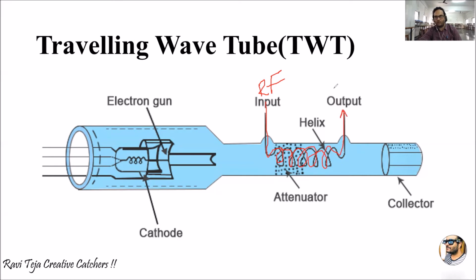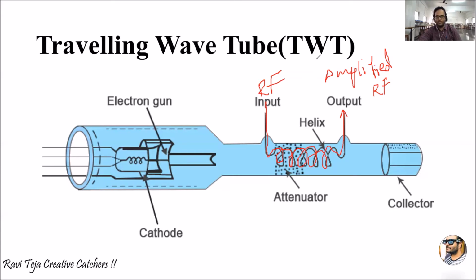But what we want is that the RF signal given through the input should be amplified, and we should get an amplified RF signal. So how does it get amplified? We will see it right now.